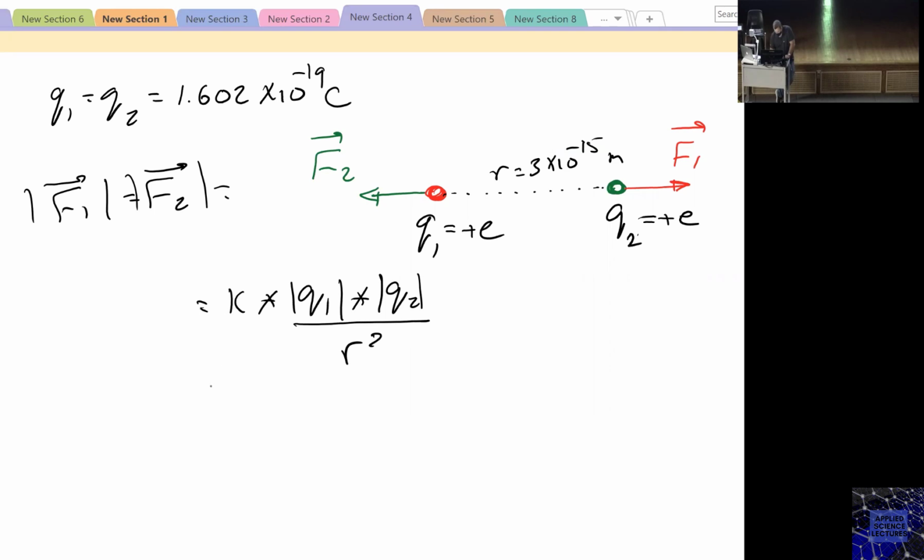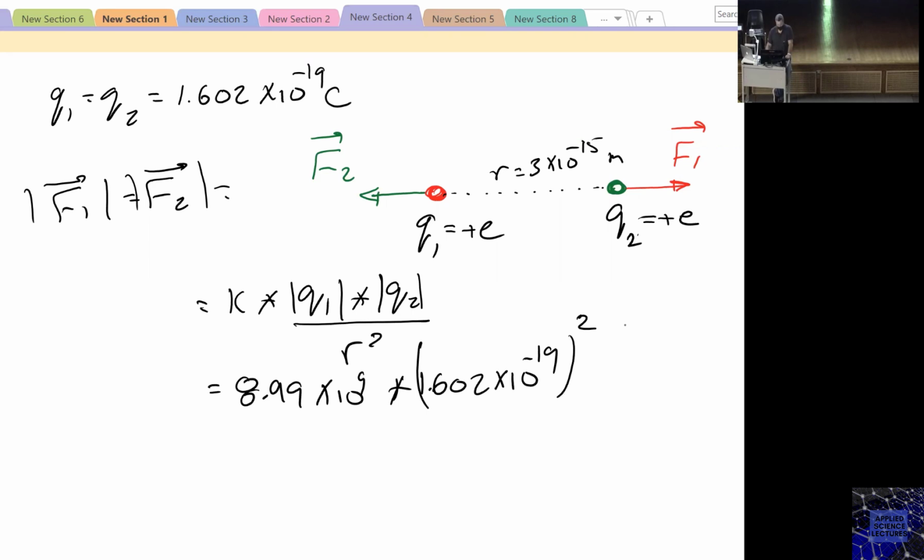So this equals 8.99 10 to the power 9 times Q1, which is 1.602 10 to the power minus 19 times magnitude of Q2, which is the same, and that's why I'm going to put squared here, divided by R squared, which is 3 10 to the power minus 15 squared. Just here on the side, the distance is minus 15 meters.